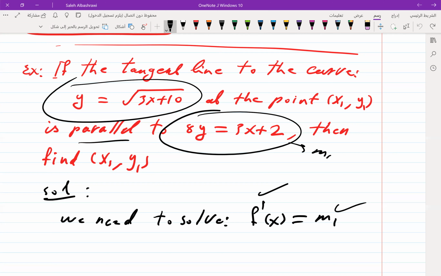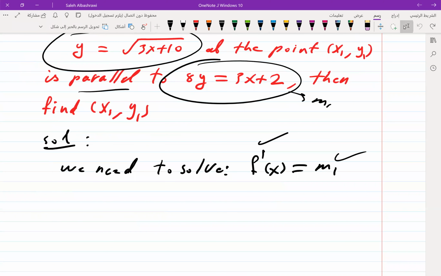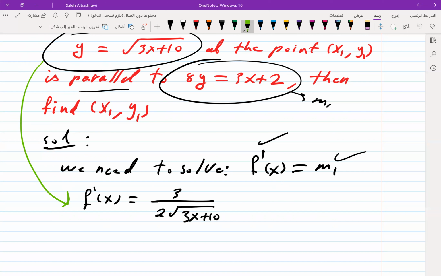So let's differentiate both equations: the derivative of the main function and the derivative of the given line. For the derivative of the function, I have f prime or y prime of x equal to 3 divided by 2 square root of 3x plus 10. This is the derivative, y prime.